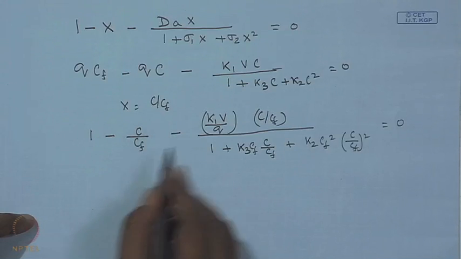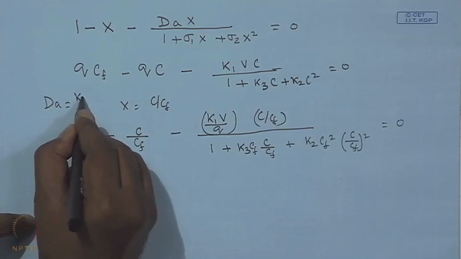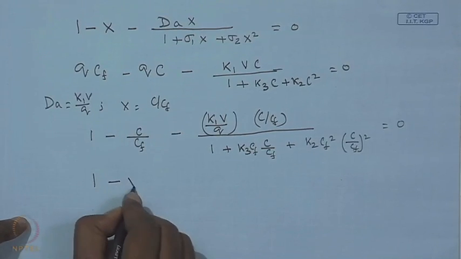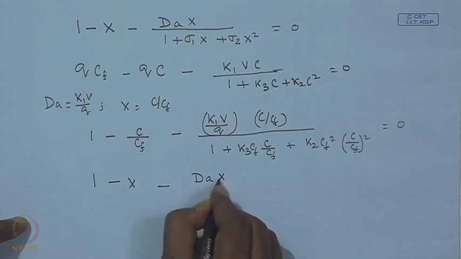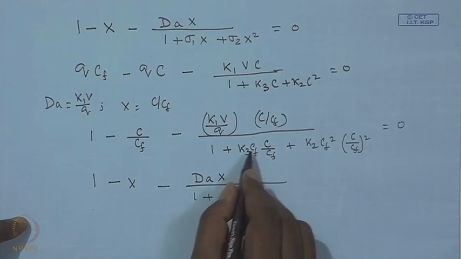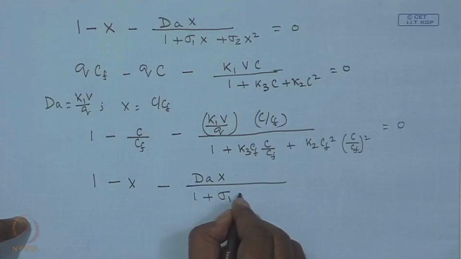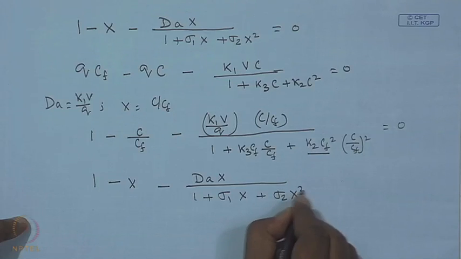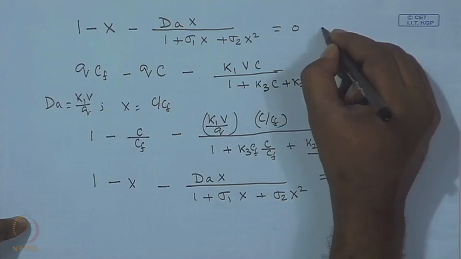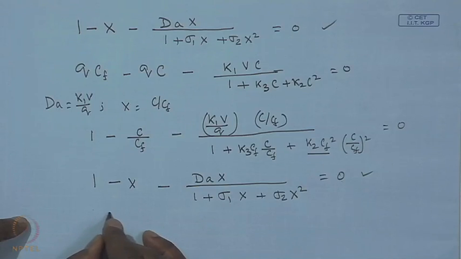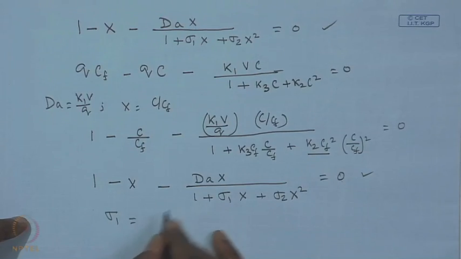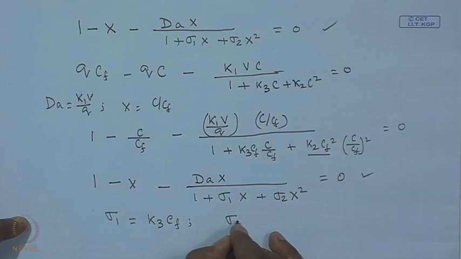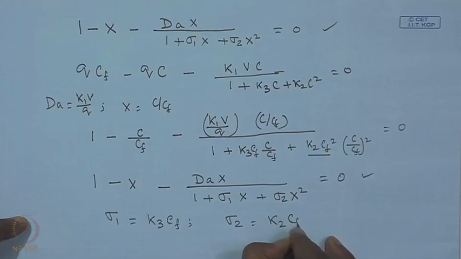Put x is equal to C by CF and Damkohler number Da is equal to K1 V over Q. So, in the non-dimensional form, this equation becomes 1 minus x minus Da times x divided by 1 plus sigma 1 x plus sigma 2 x square is equal to 0. We end up with the same equation, where the non-dimensional parameter sigma 1 is K3 times CF and sigma 2 is nothing but K2 times CF square.